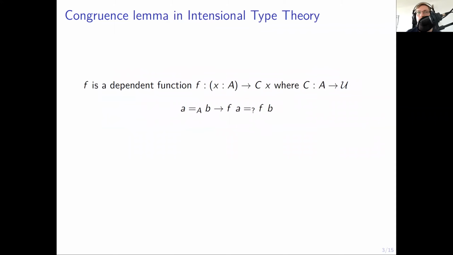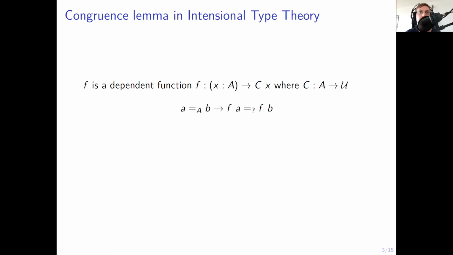To see why this is difficult in intensional type theory, it makes sense to first look at a simpler problem, just that functions respect equality. Since we have dependent functions, this goal equality could be between terms of different type.